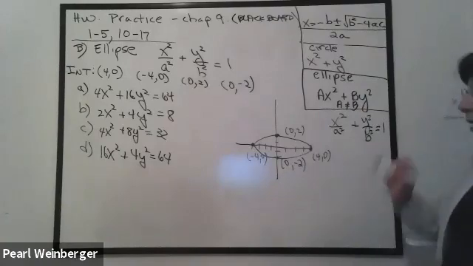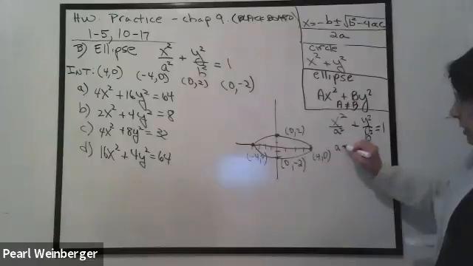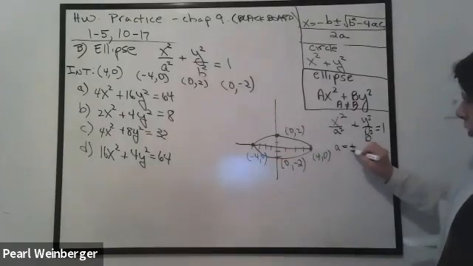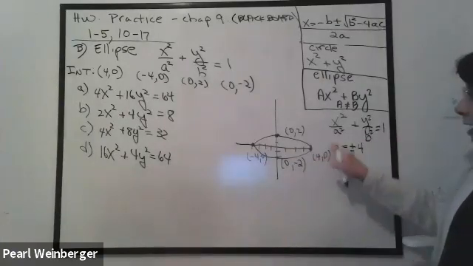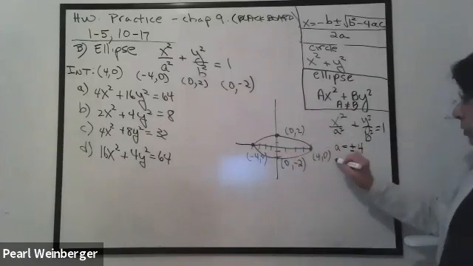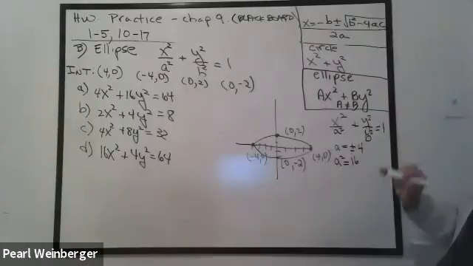Okay, now I know what my a and my b are. My a has to be either plus or minus 4 because a is the x-intercept, which means that a squared equals 16.